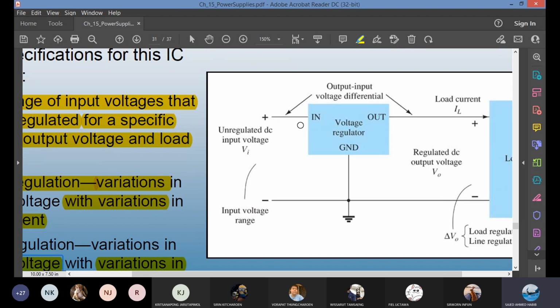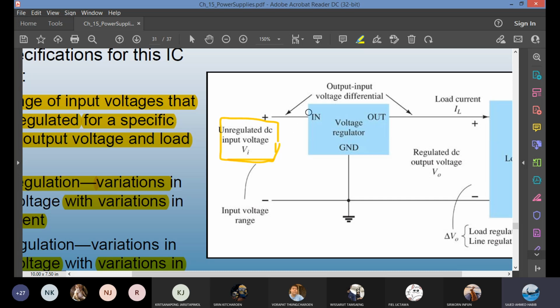For a voltage regulator IC, you have an input pin. On the input pin, or in, you have to provide the unregulated DC, which is coming from your filter. After the filter stage, you have the voltage regulator IC.